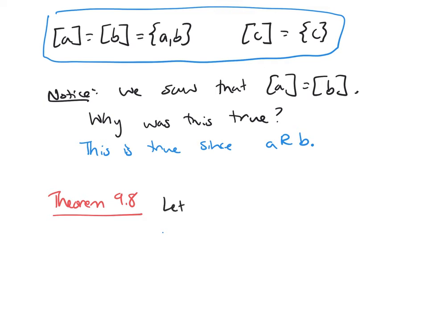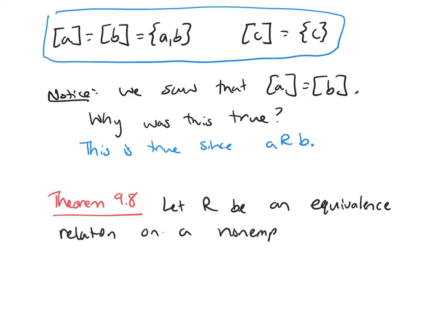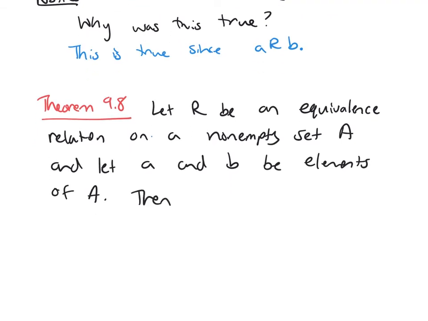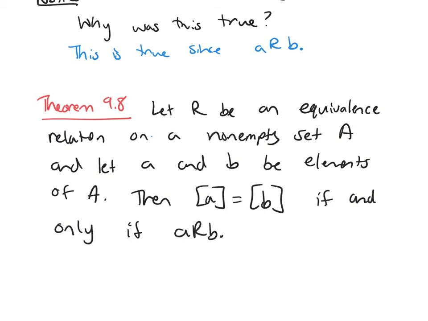It says let R be an equivalence relation on a non-empty set A, and let A and B be elements of A. Then the equivalence class of A is equal to the equivalence class of B if and only if A is related to B. So the only time I get the same equivalence class is if my two elements are related to each other. If A is related to B.